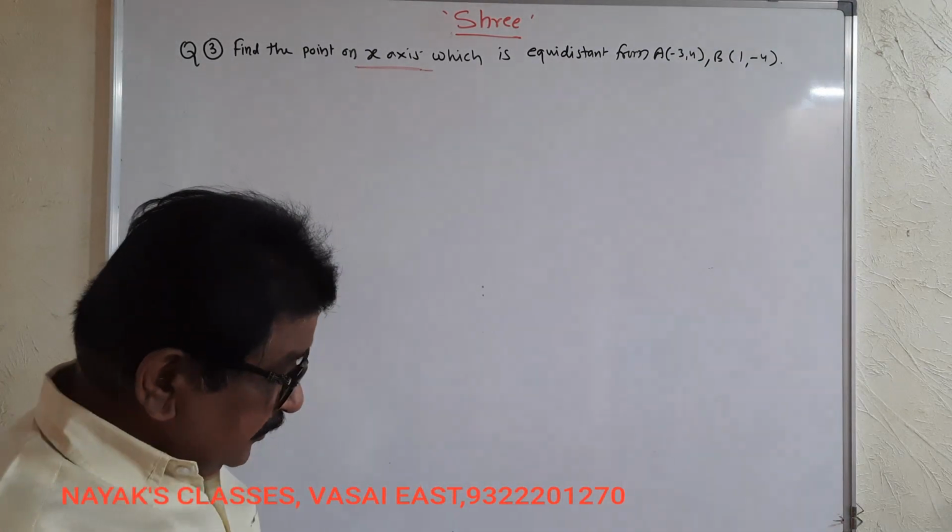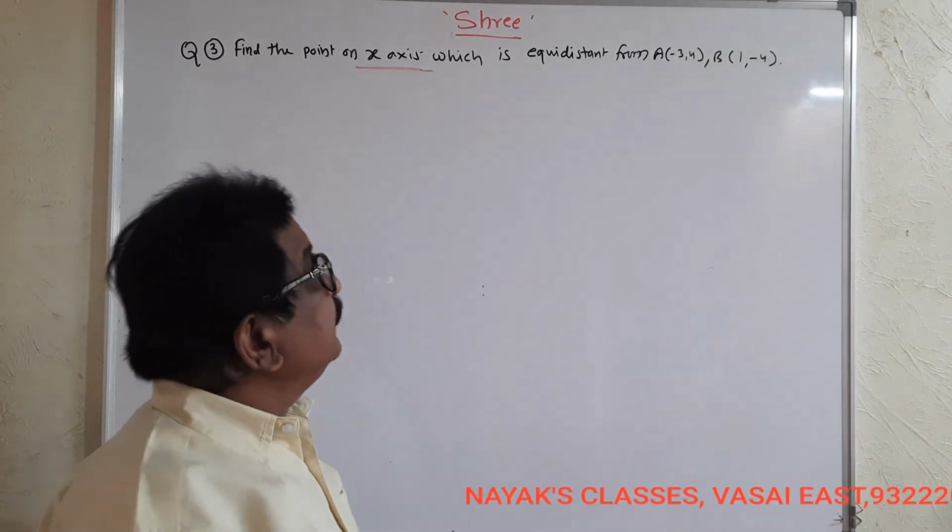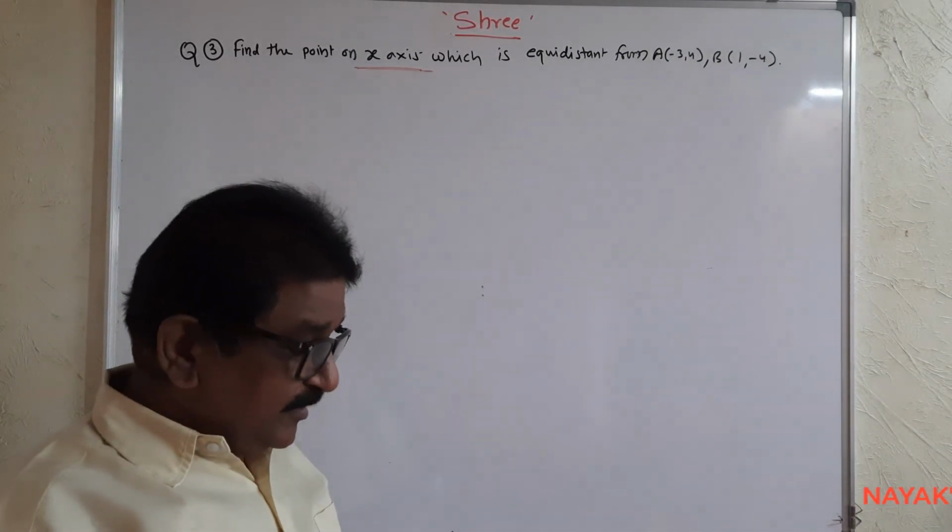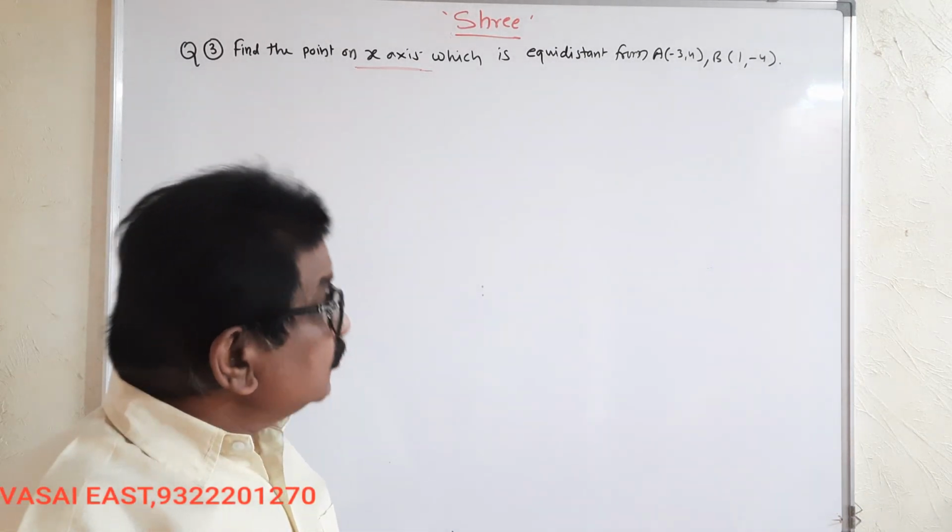So here it is a point which is equidistant from these 2 points.